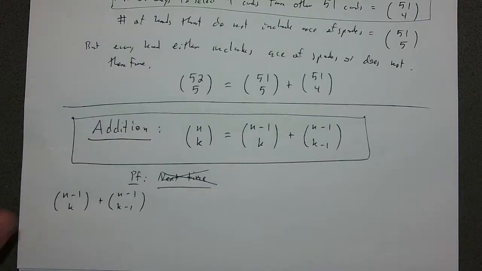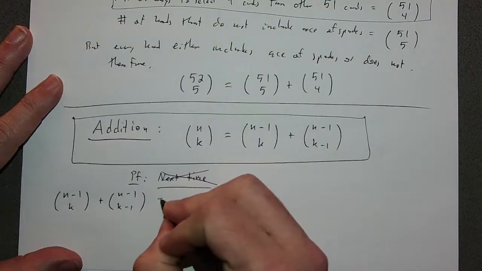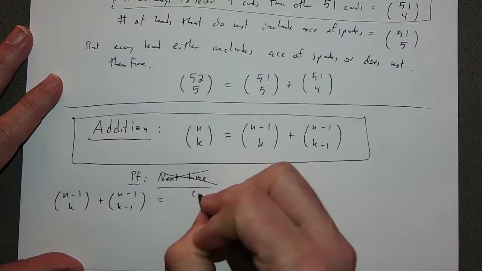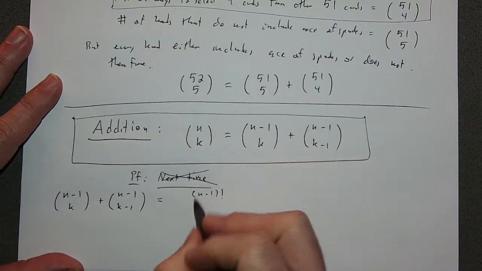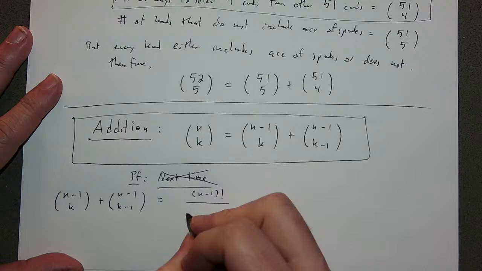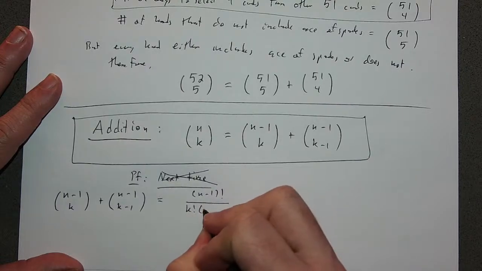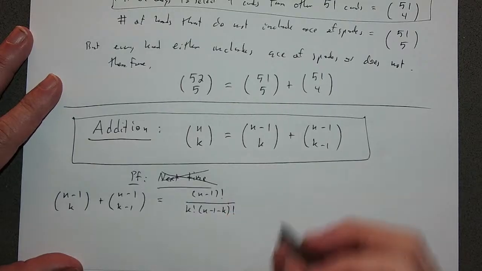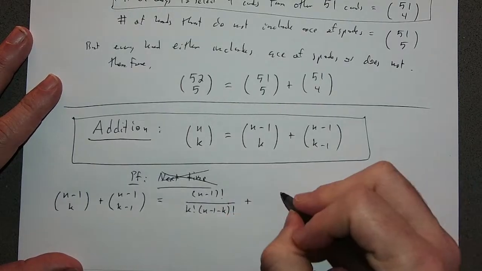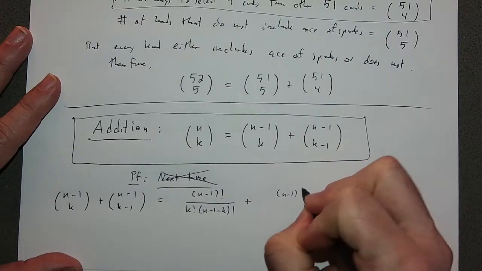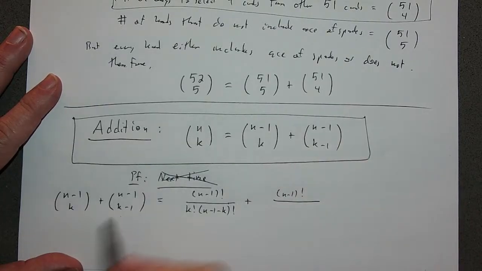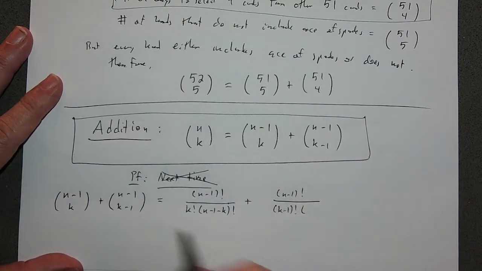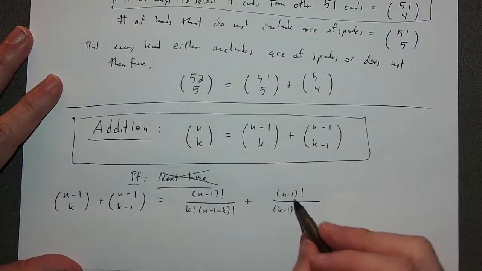And so if I just write this out in terms of what it is, this would be n minus 1 factorial over k factorial times n minus 1 minus k factorial, plus n minus 1 factorial over k minus 1 factorial times n minus k factorial.